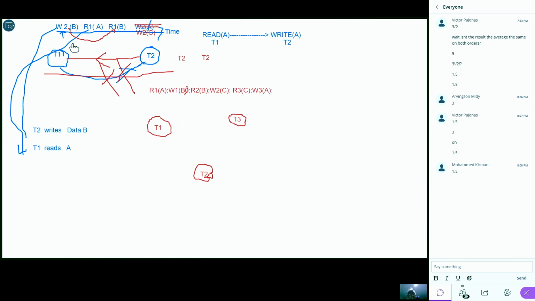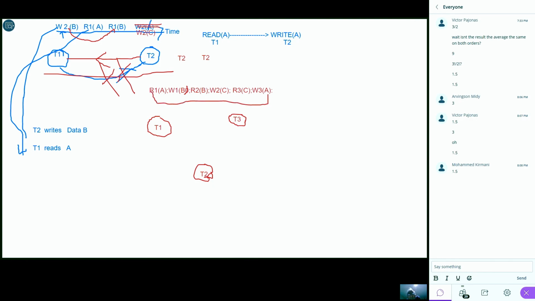Now, let's see what happens here. Transaction 1 is reading A. Is there any other transaction doing something with A? This is doing with B, this is doing with B, this is doing with C. Ah, here it is. Here is another transaction. So this transaction is reading and this transaction is writing.